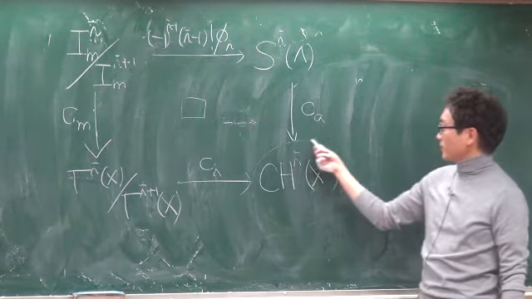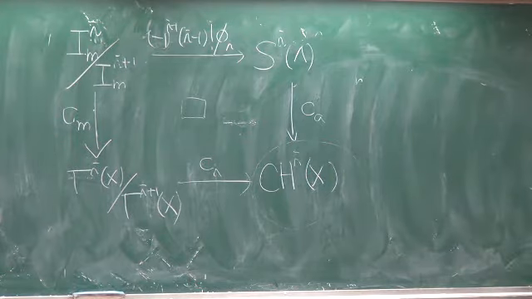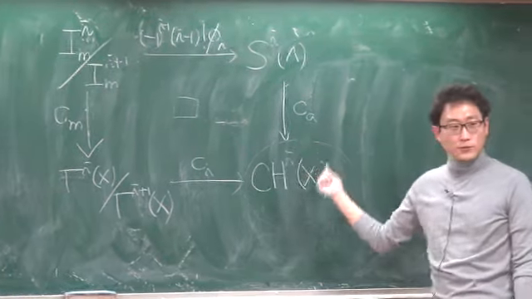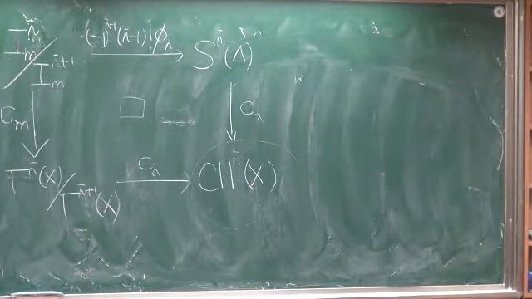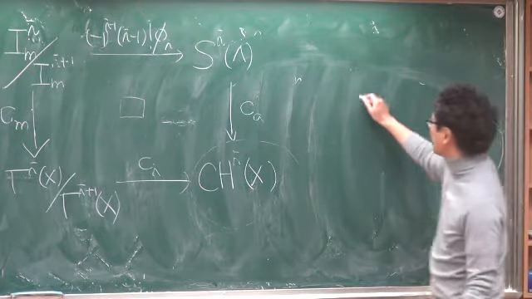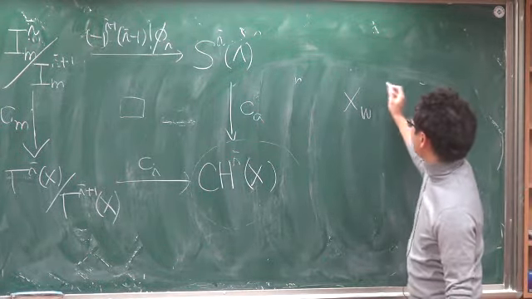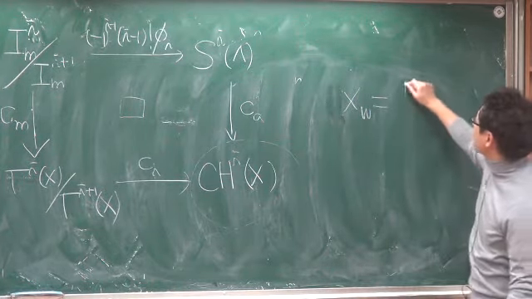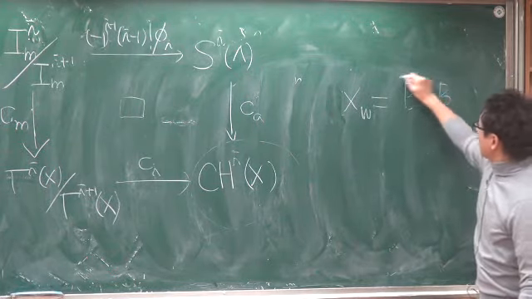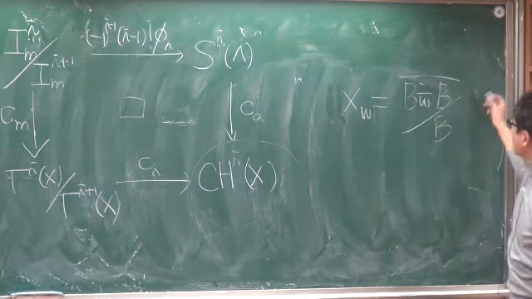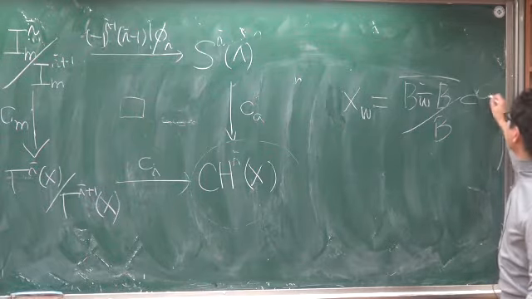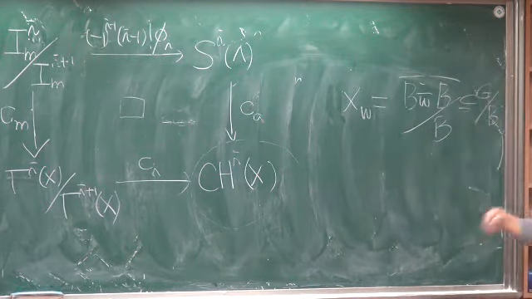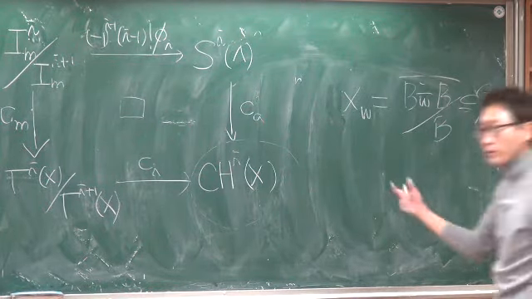And it is well known that the Chow group of the complete flag variety has no torsion, because the Chow group is generated by Schubert varieties, which are the closures, by the Bruhat decomposition, of open sets of G mod B. And these Schubert varieties generate the Chow group of the complete flag variety.